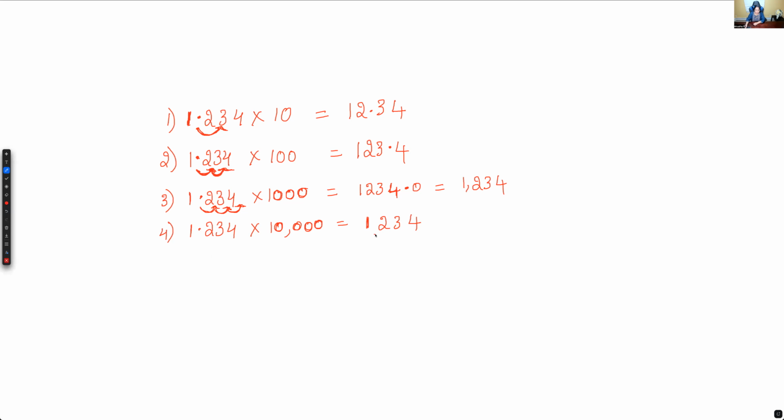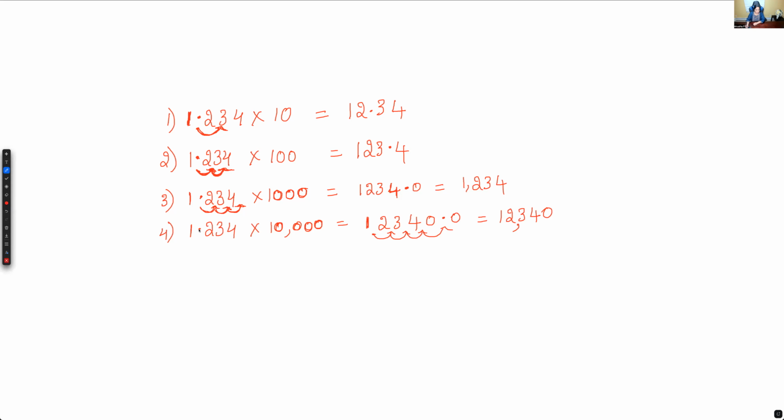In this, we have to move the decimal point from here to one jump, two jump, third jump, and then fourth jump, and keep the decimal point. Because we don't have any number here, just add a 0. Okay, which you can also write as 1, 2, 3, 4, 0, which is nothing but 12,340.